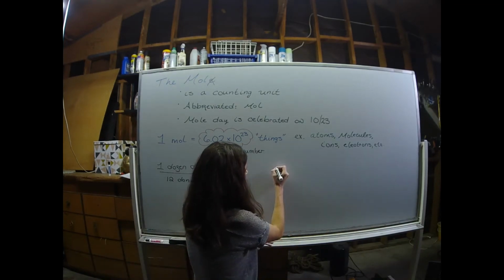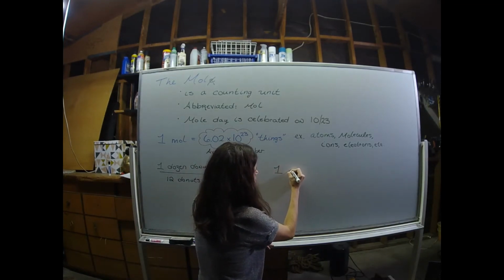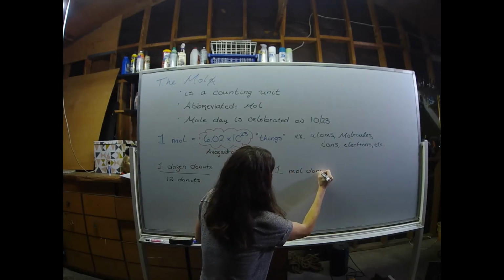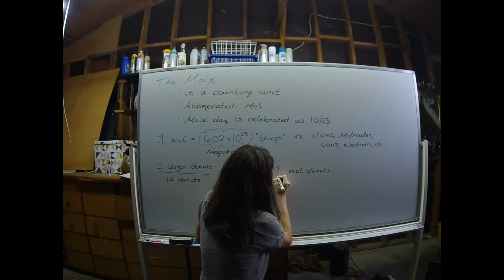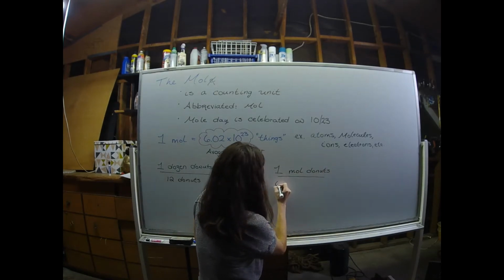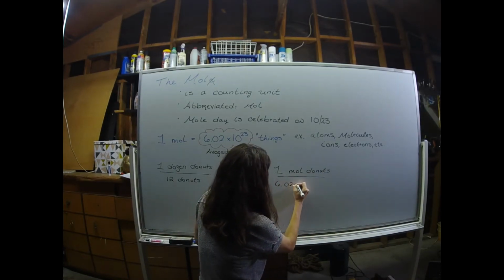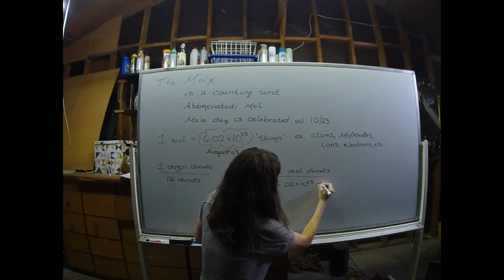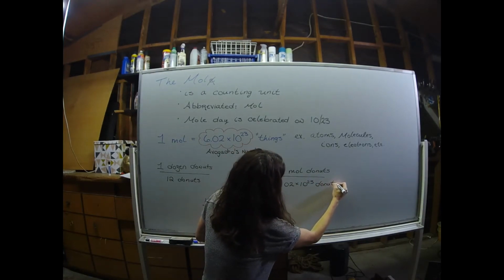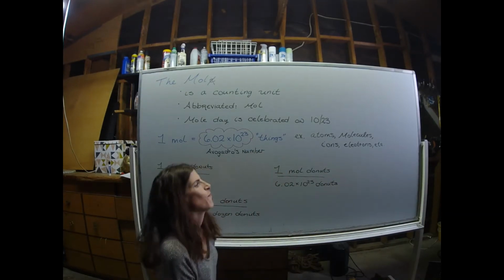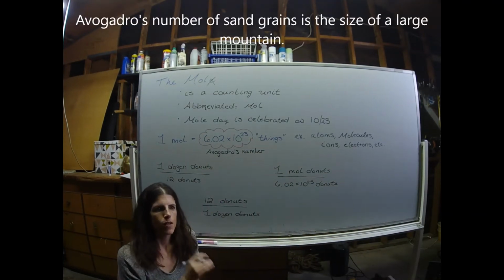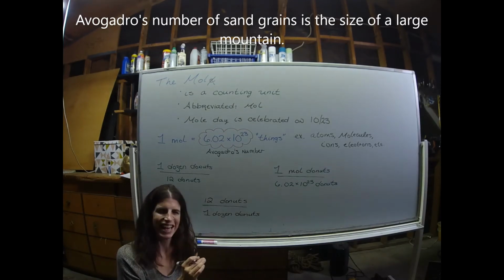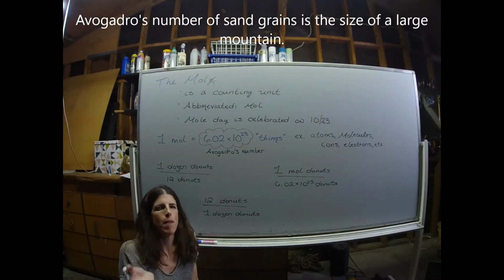We can write a conversion factor that says 1 mole of donuts has 6.02 times 10 to the 23rd donuts. Super, super ridiculous. I read somewhere that if you had a mole of sand, it would be the size of a mountain.